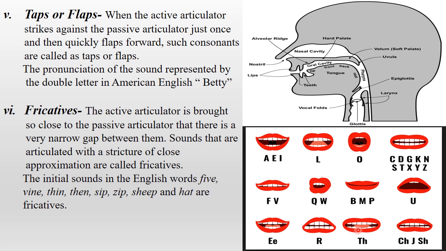Similarly, here when you say th, the tongue, the teeth and lips are coming together and there is a very narrow gap through which the air passes, and those sounds are called fricatives.